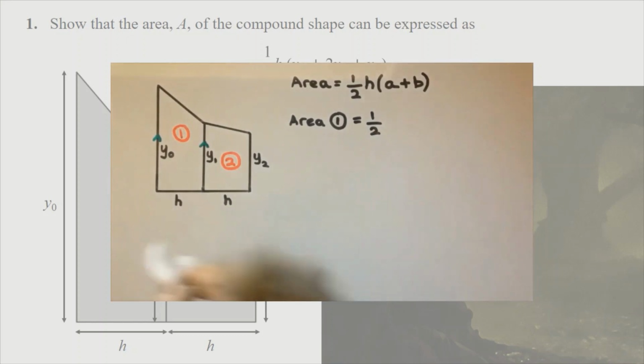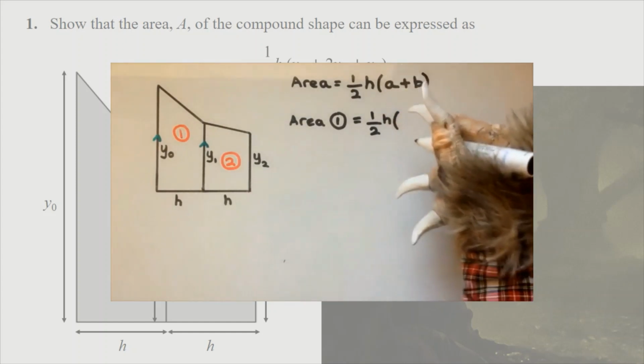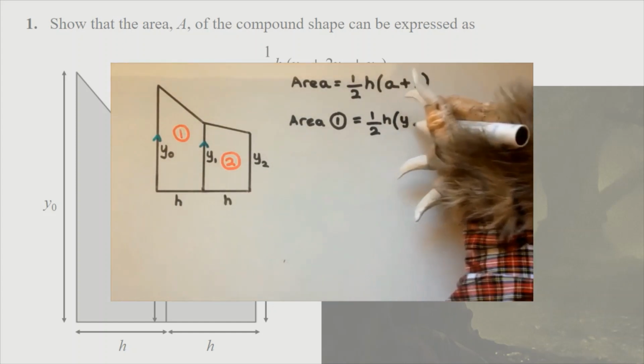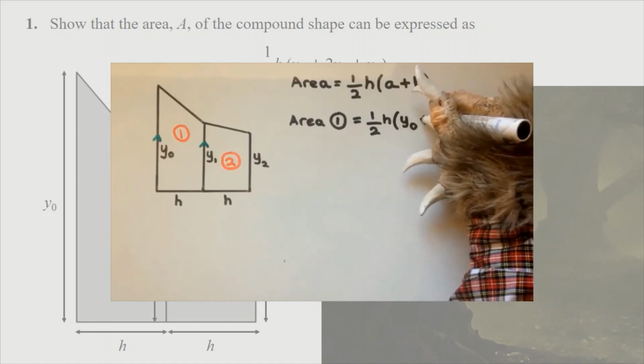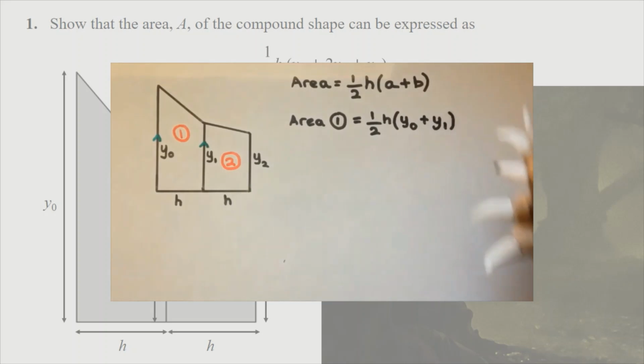Now the h is the same for both of these, so it's just h. And then the two parallel sides are y0 and y1, so we add those two together, like that. And we can leave it like that if you like.